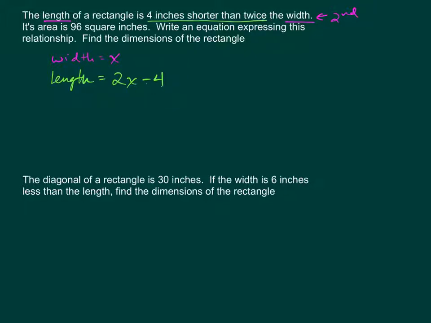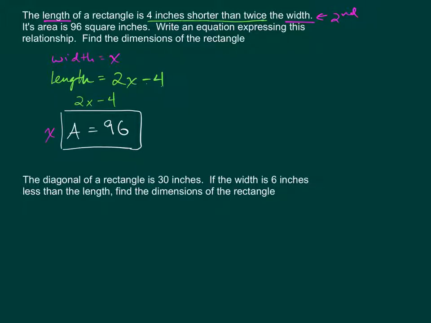From here, we can find the dimensions of a rectangle if you just keep in mind what the area of a rectangle is. So I have this rectangle. The area equals 96, and I like to write that inside the rectangle to remind myself that that is an area. And the width is x, and the length is 2x minus 4.